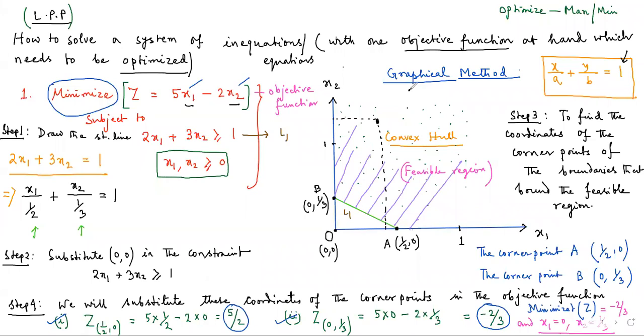If someone takes this point and marks the coordinate, this point also lies on the objective function. So if he substitutes this coordinate in this particular function, he will get a value which will be greater than the value obtained by putting the previous point. This point will give you some larger value.